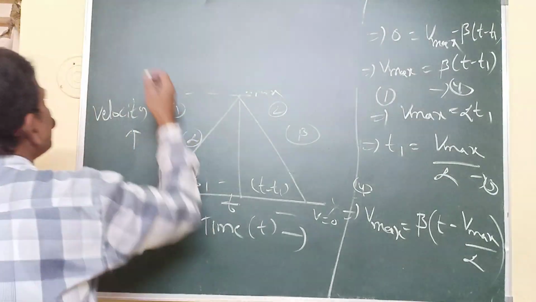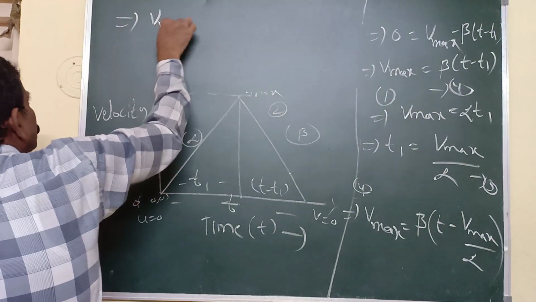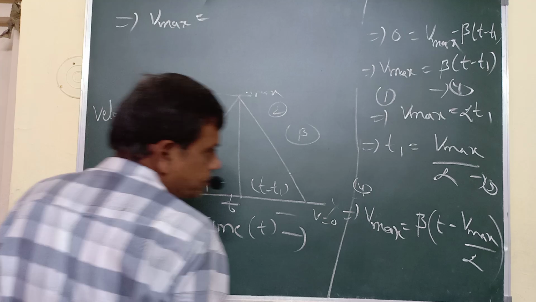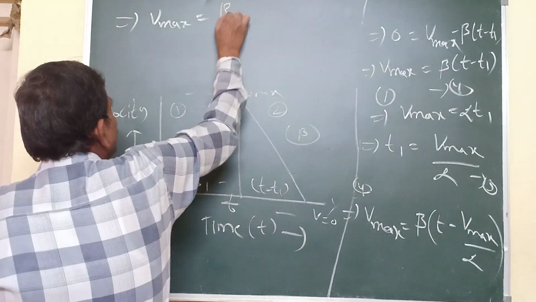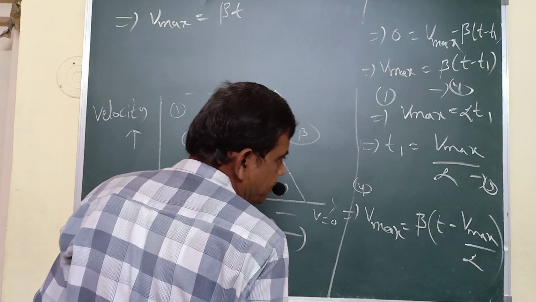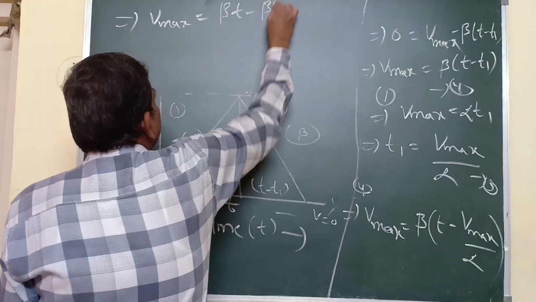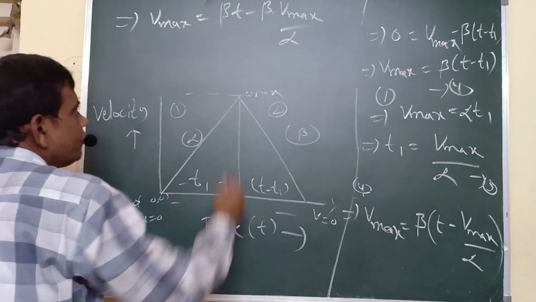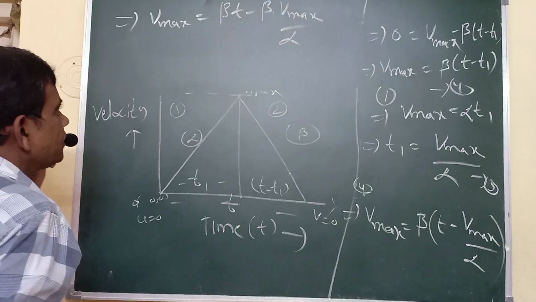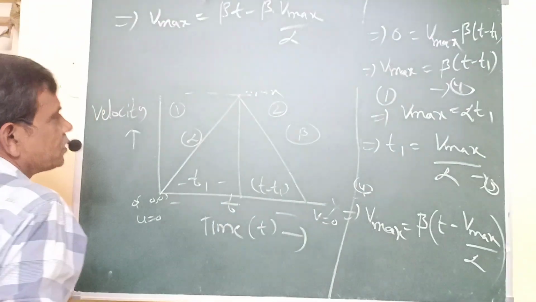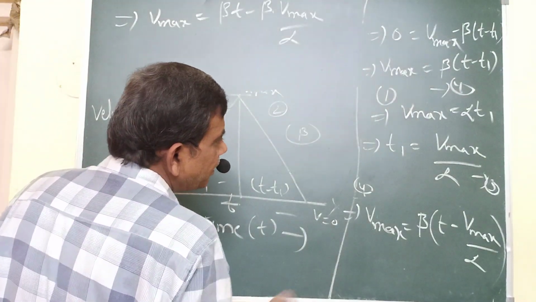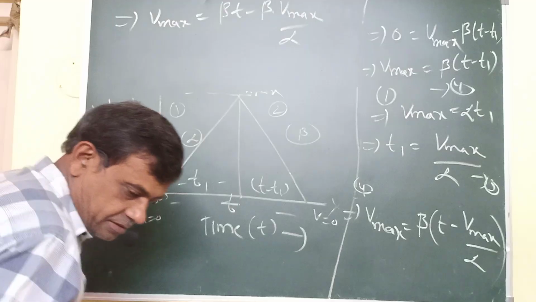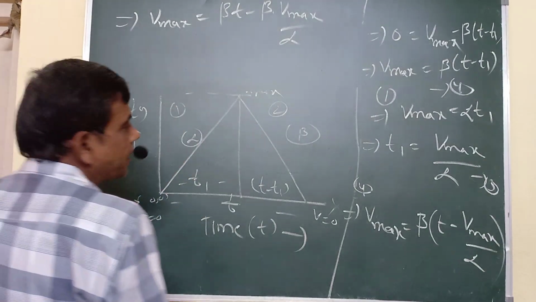This implies V maximum equals beta into T minus beta into V maximum by alpha. I want to make V maximum, so you take this side. Before that, take beta common, like that only. No need to divide, because we want only maximum velocity.